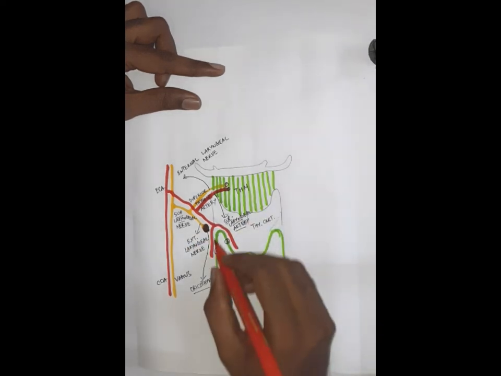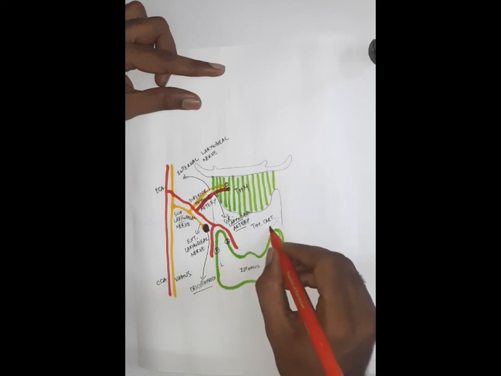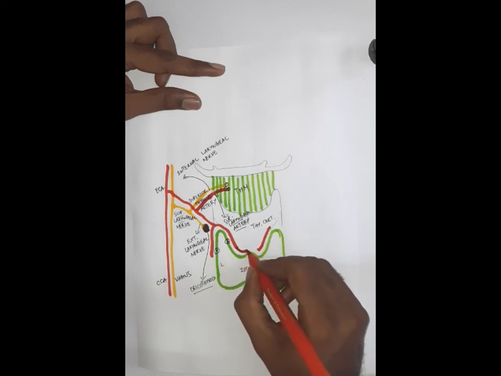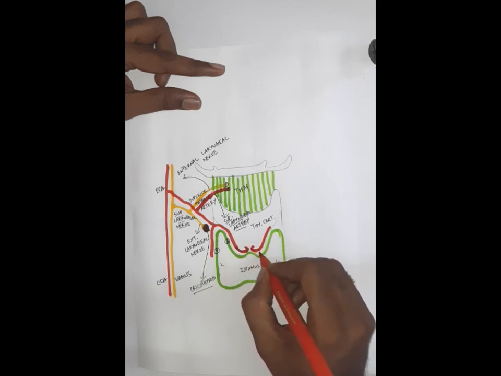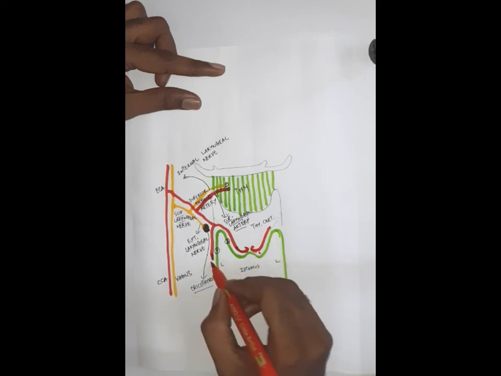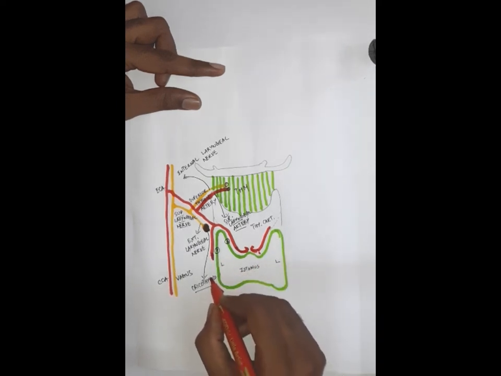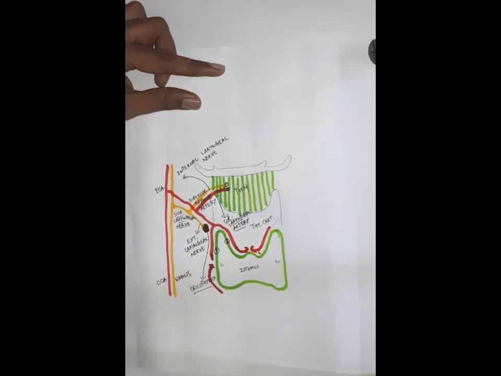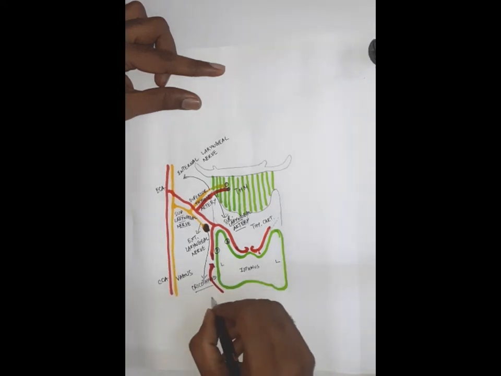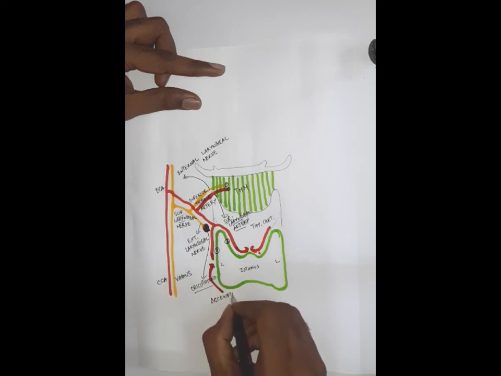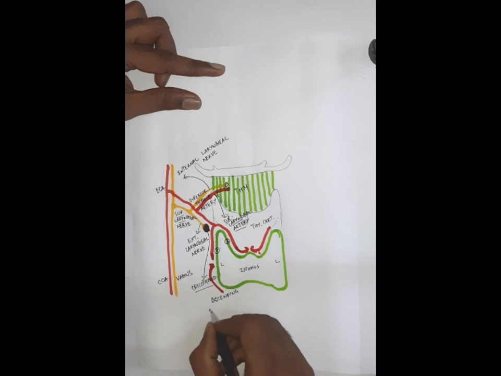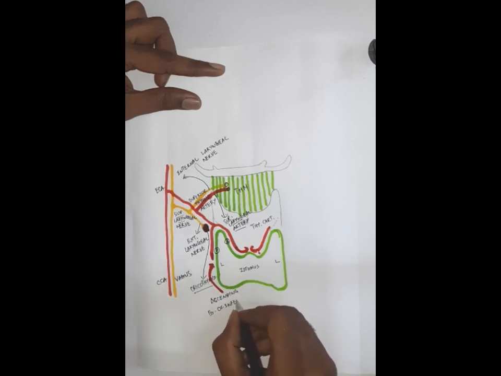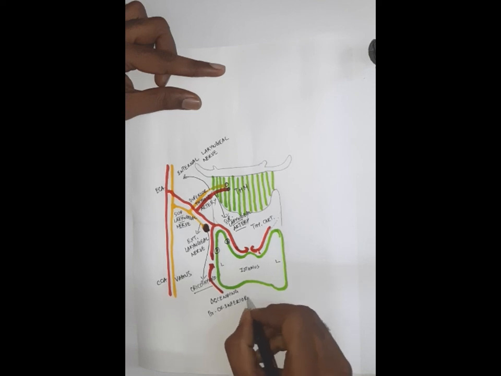The anterior branch of the superior thyroid artery anastomoses with the opposite side anterior branch, whereas the posterior branch of the superior thyroid, running along the posterior border, anastomoses with the ascending branch of the inferior thyroid artery.